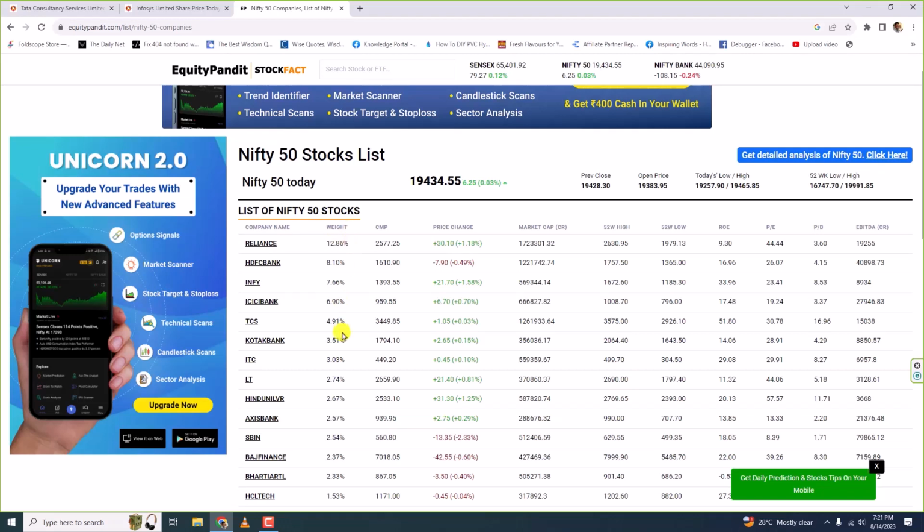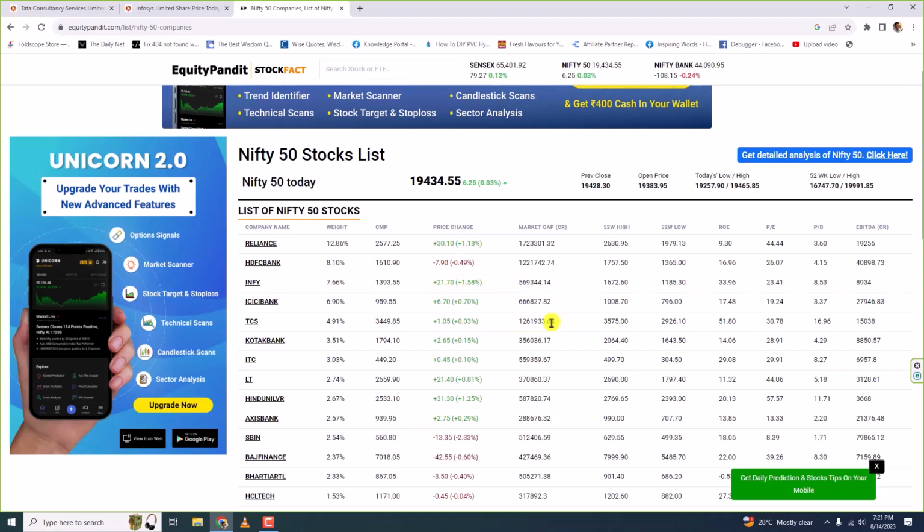Okay, so I'll come to this. If you see the market capitalization of Reliance, it is this much. Okay, it is in crores. If you see that of HDFC Bank, it is this much. If you see that of Infosys, it is this much. ICICI, it is this much. TCS, it is this much.